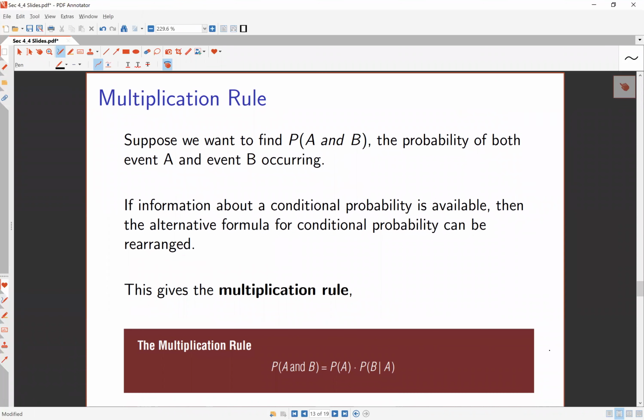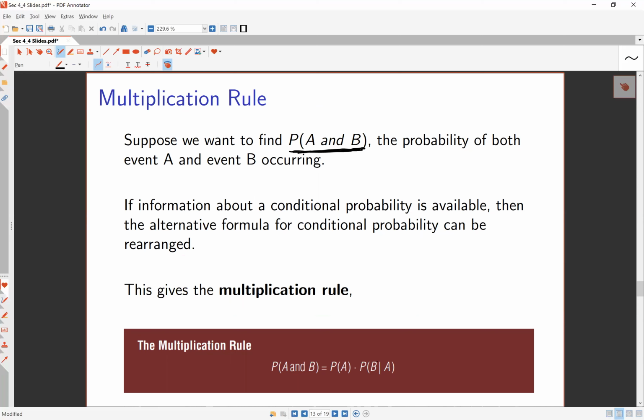Now there's another useful application here. We can take that formula for conditional probability and rearrange it and solve for the quantity probability of A and B. Sometimes that's what we're interested in calculating, the probability that two different events occur.